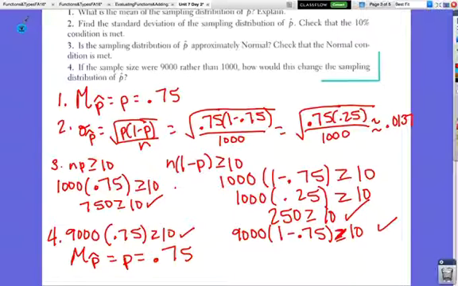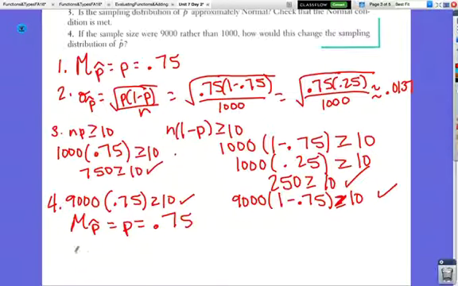When we go to calculate the standard deviation, however, we would say the square root of 0.75 times 1 minus 0.75, and we would divide this time by 9,000.